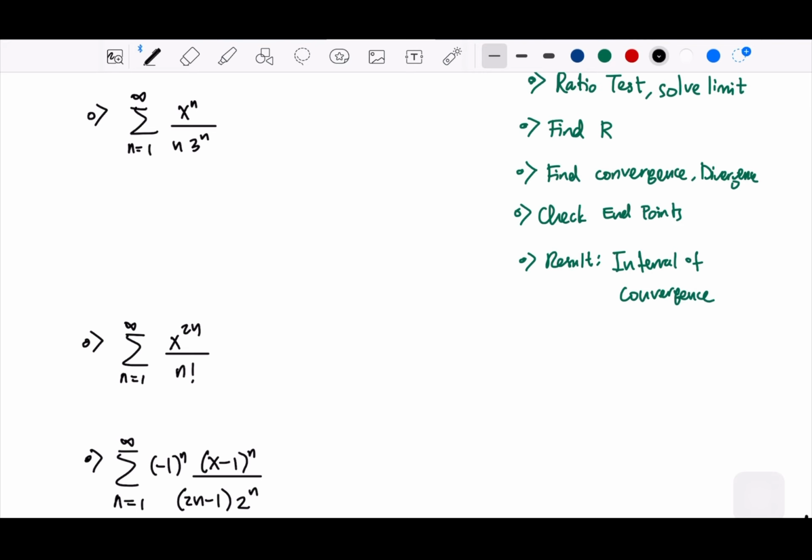And you need to take it to when it's converged, when it's less than one. Yes, correct. And if you multiply by 3 on both sides here, then the radius is 3. Okay? I got the idea.